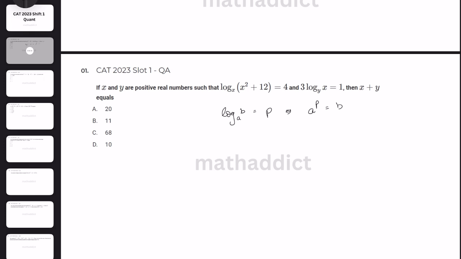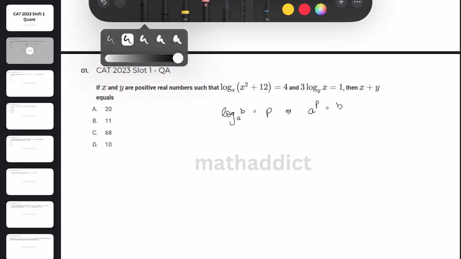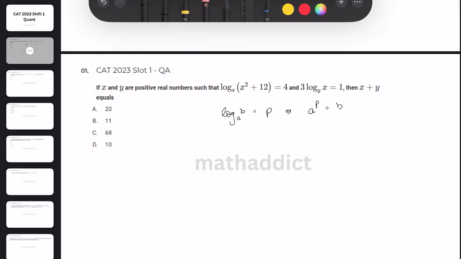So here we have log base x square plus 12 equals 4, which means x to the power of 4 equals x square plus 12.